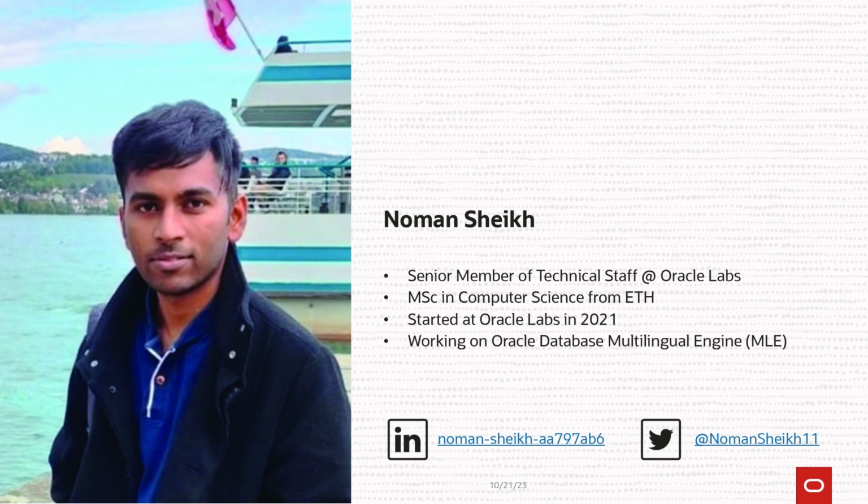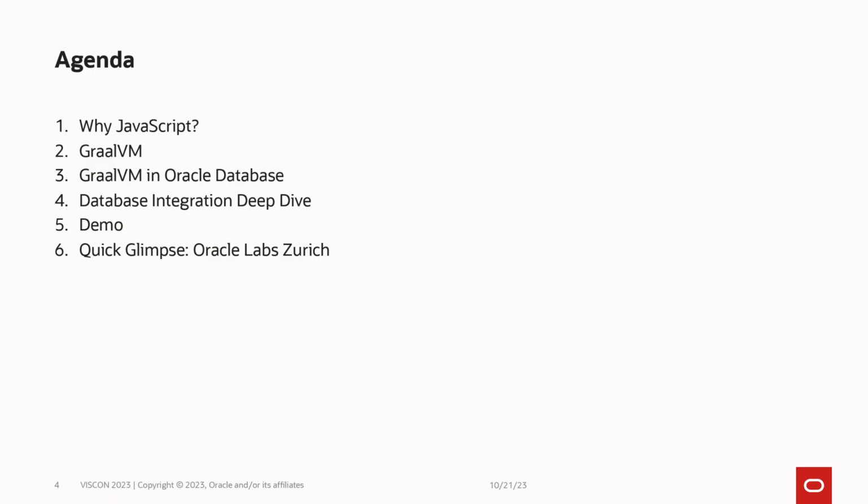Right, so what are we going to talk about today? Quick agenda. We're going to talk about why JavaScript, hopefully something that I don't have to convince you very much, but we'll see. We'll talk about GraalVM, which is awesome Oracle Labs technology. We will see what GraalVM can help us with regard to Oracle Database, and we'll then actually do a technical deep dive about what it means to put a language runtime system like GraalVM into a complex software artifact like Oracle Database.